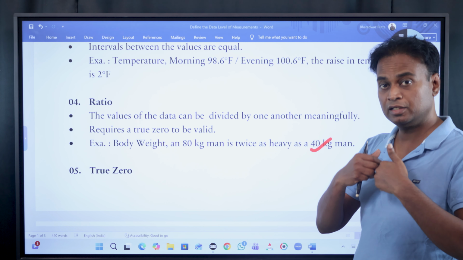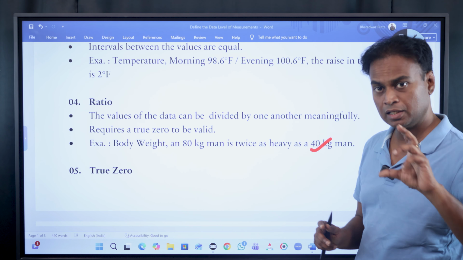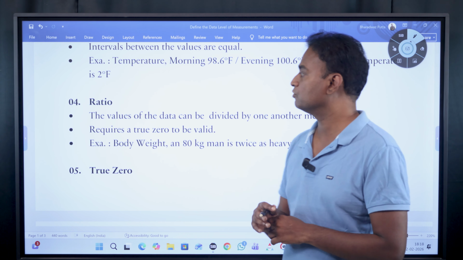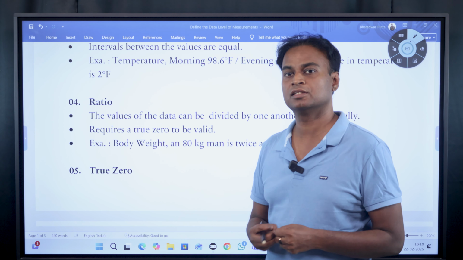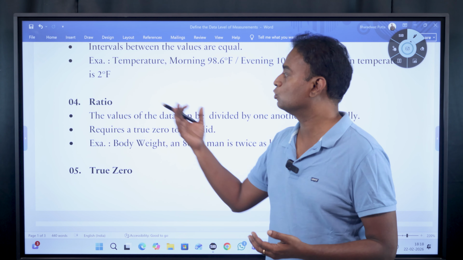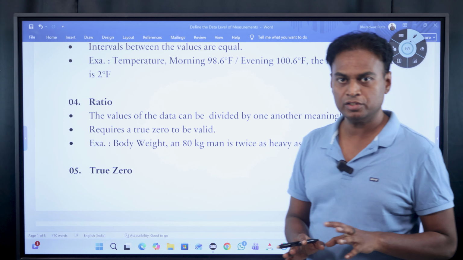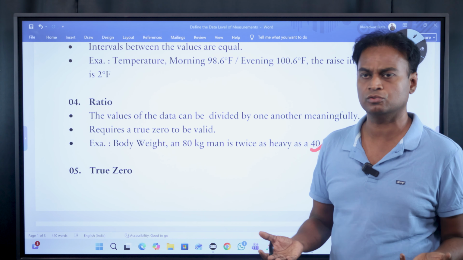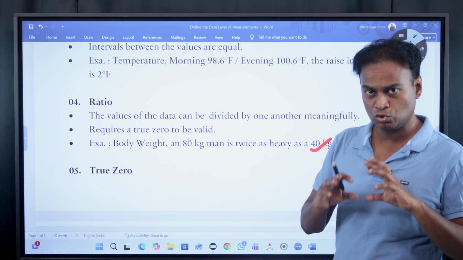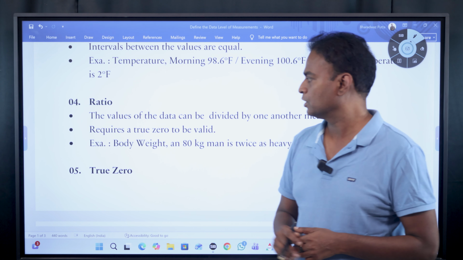The first person's weight is twice that of the second person, and it has a meaning. That's the reason we say it as ratio. If such data is given, you can say the data has the property to calculate ratio, and it requires a true zero. Weight can be 0, right? If there is no person, the weight is 0. So that's the reason you can have a true 0 in this.